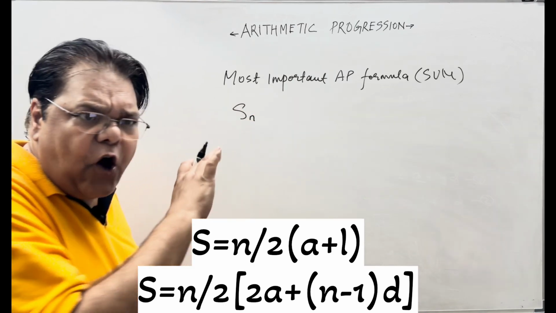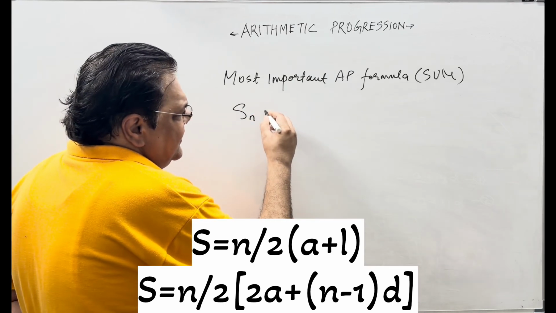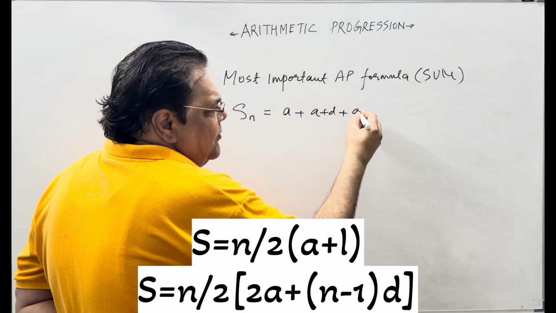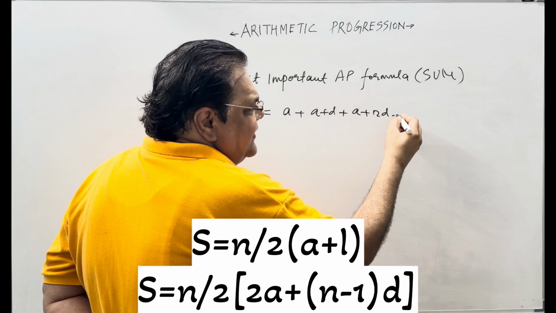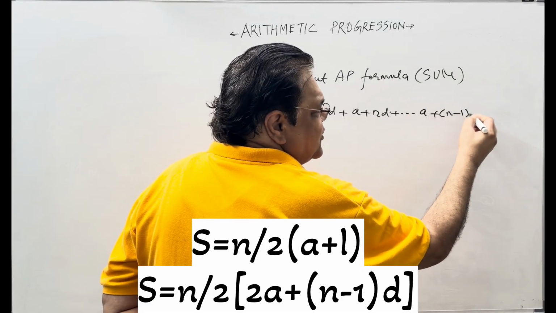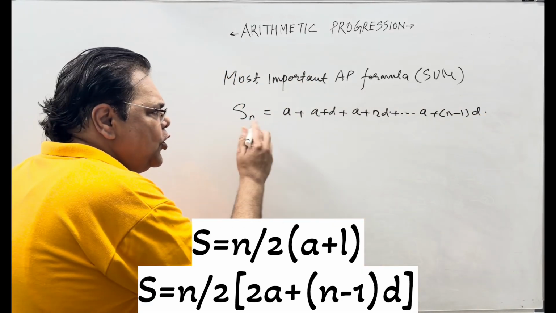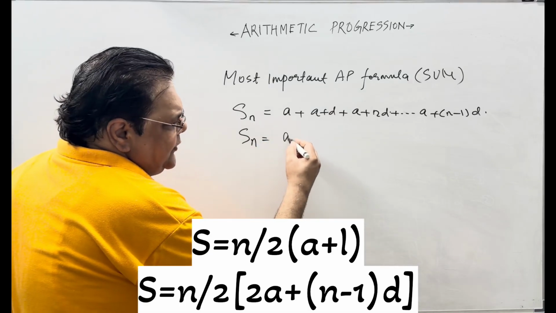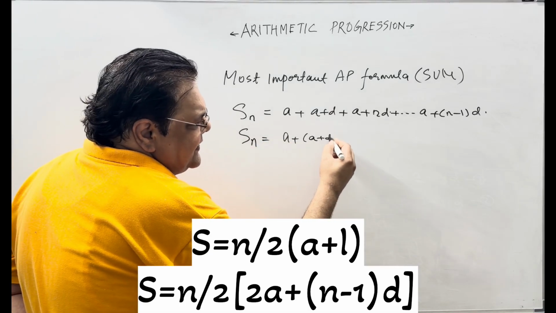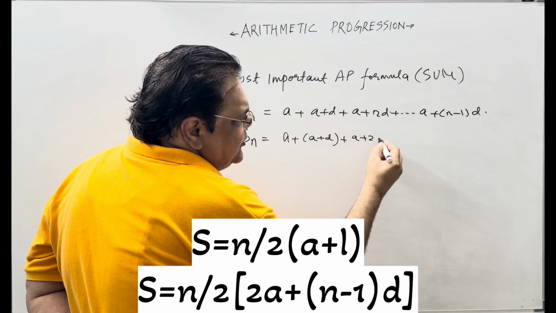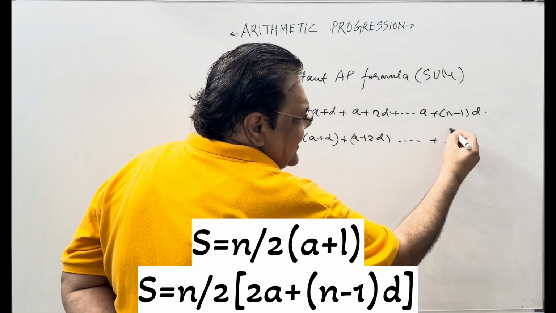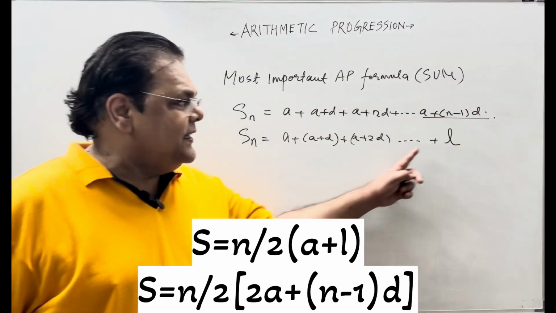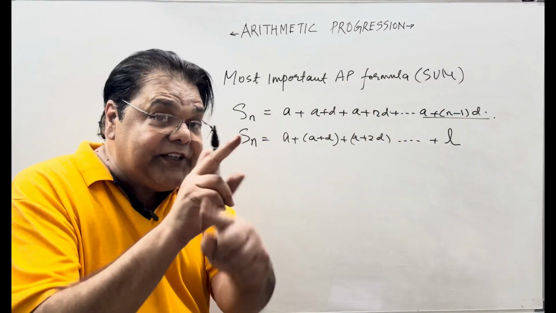Sn, the sum of all the numbers in a sequence, is equal to a plus a plus d plus a plus 2d till a plus n minus 1 d. You can also write this as a plus a plus d plus a plus 2d up to the last term L. This term can be written as L. Now you reverse it.